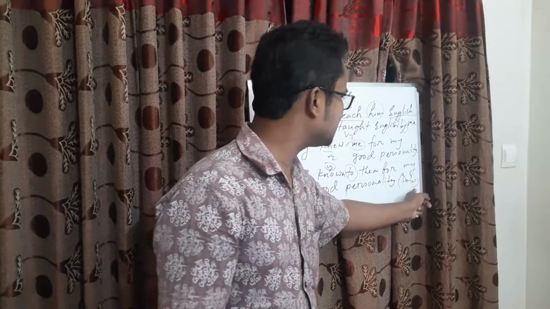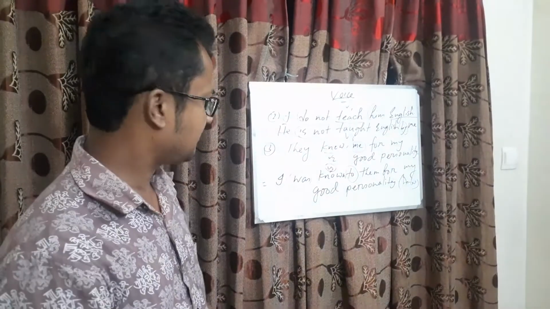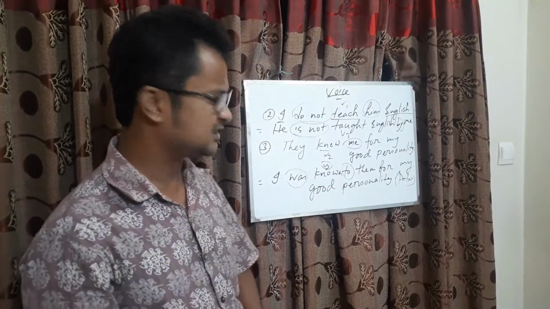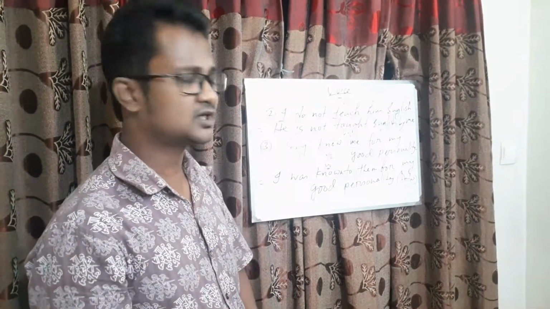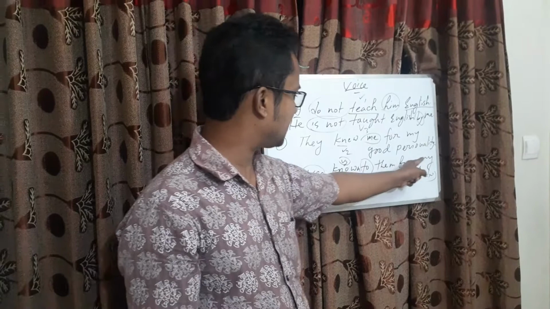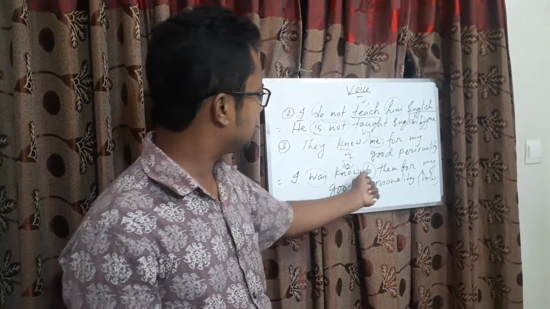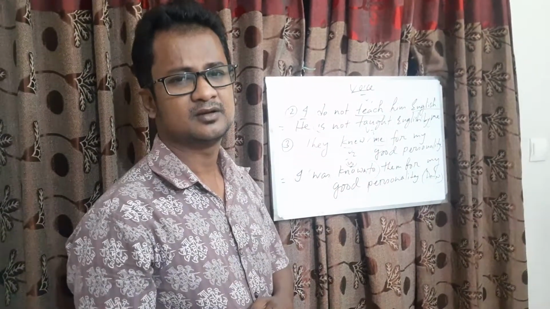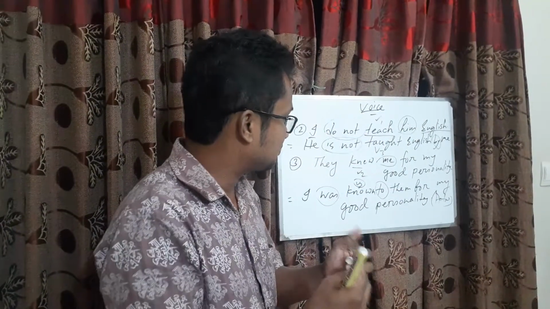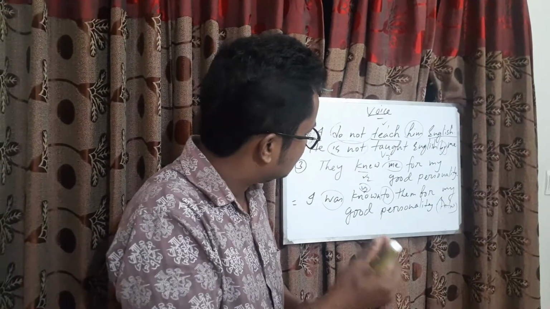It's a passive voice, and you are asked to turn it into active. How to turn it into active? Let us discuss: "I was known to them for my personality." So where is "by"? There is no "by", and we seem unable to know the object.